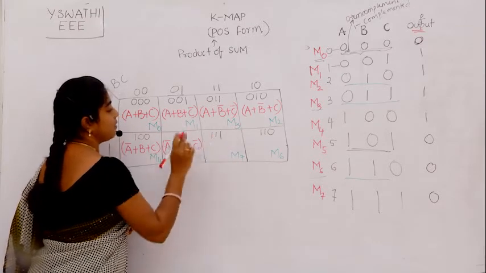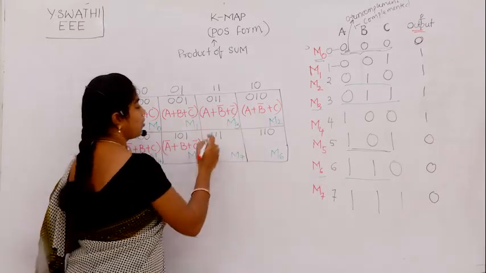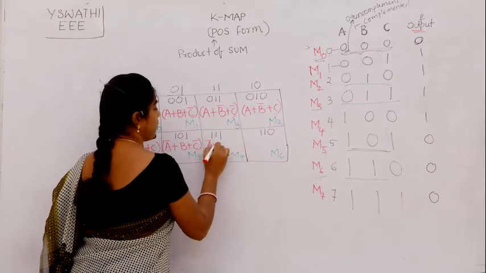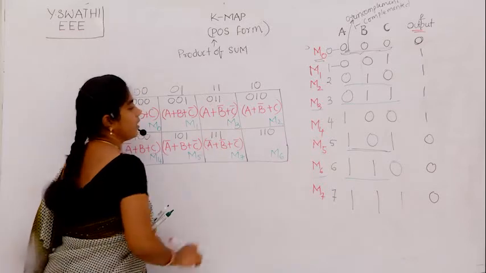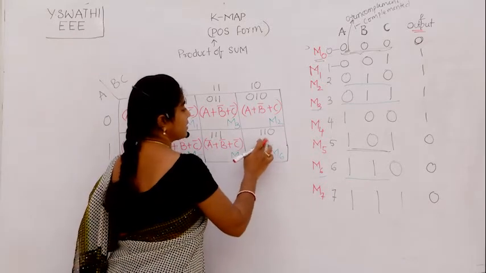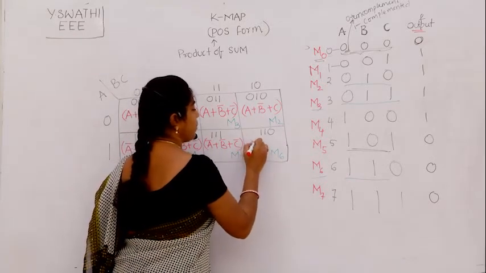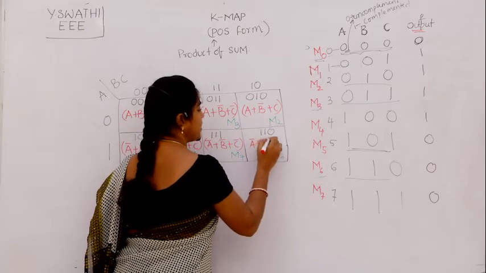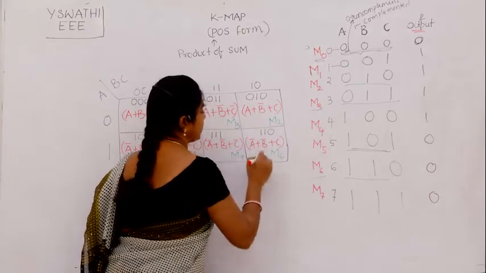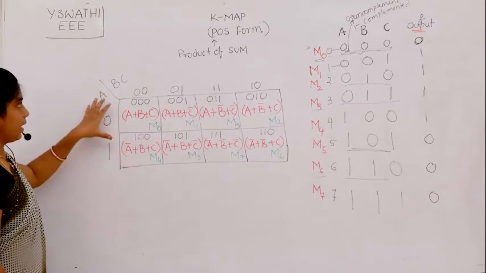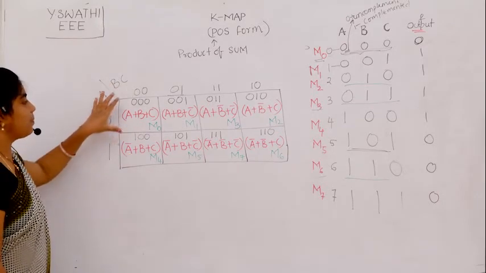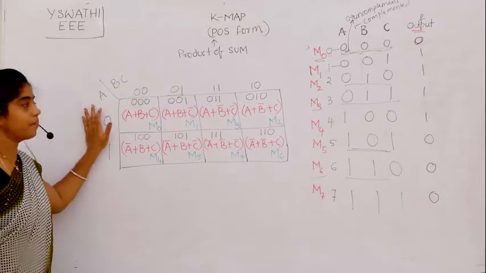And next, 1 1 1: all are ones, so all are complemented and summed, A bar plus B bar plus C bar. And M6, that is 1 1 0, means A bar plus B bar and C is 0, so uncomplemented. This is our max term representation of a 3-variable K-map in POS form.